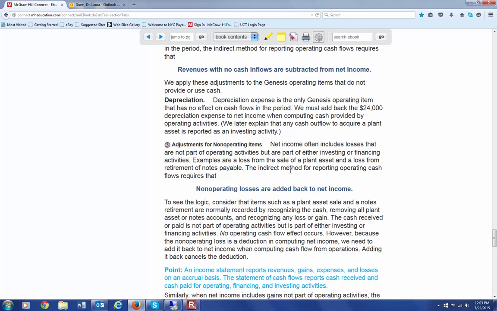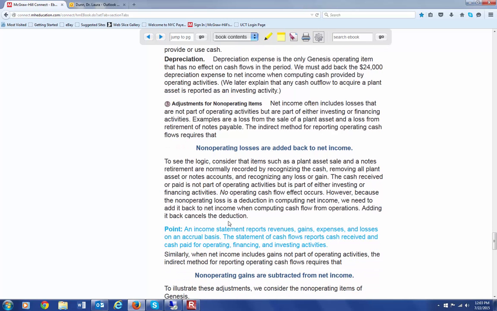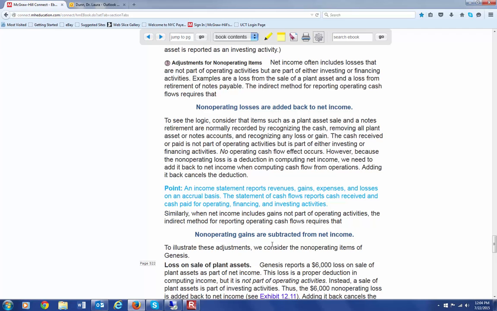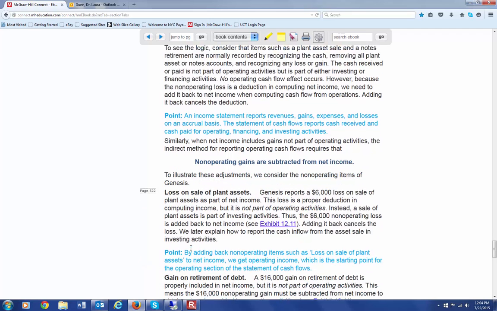So using the indirect method, we have to take non-operating losses and add them back to net income. Non-operating gains are subtracted from net income. So again, read this for yourself and try to understand the logic behind it. But non-operating losses are added back, non-operating gains are subtracted from net income.